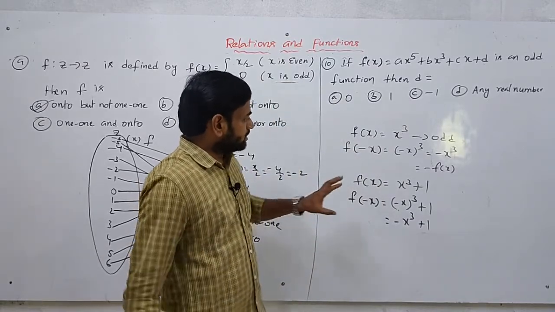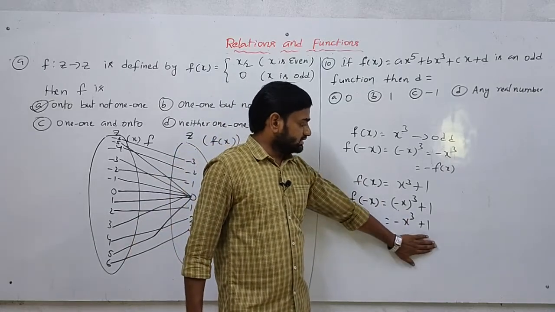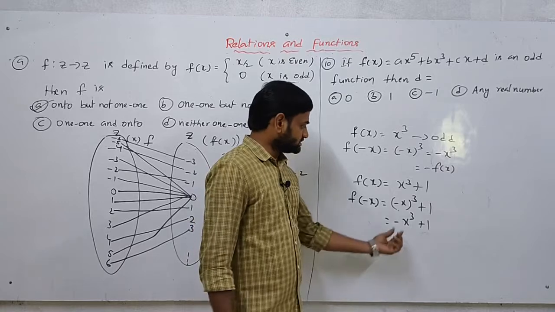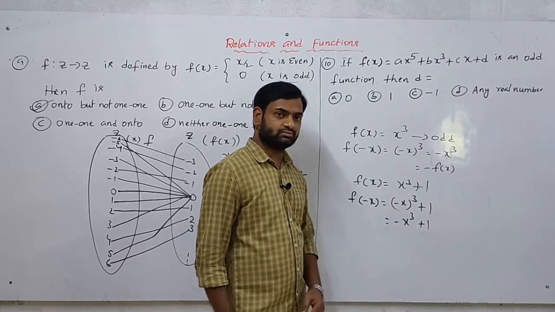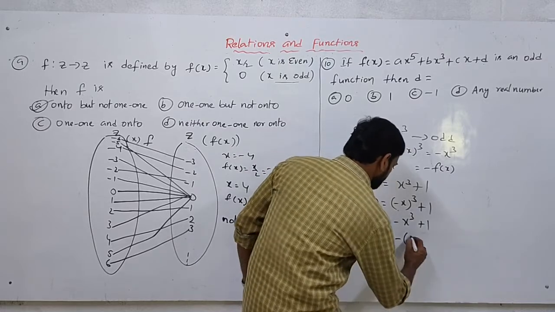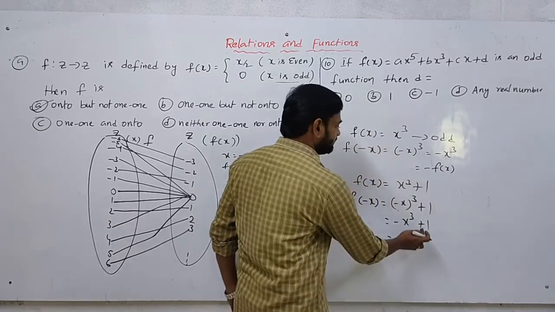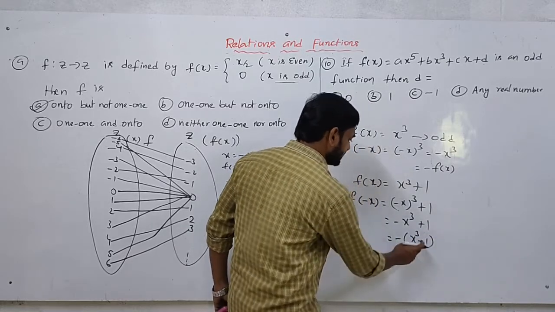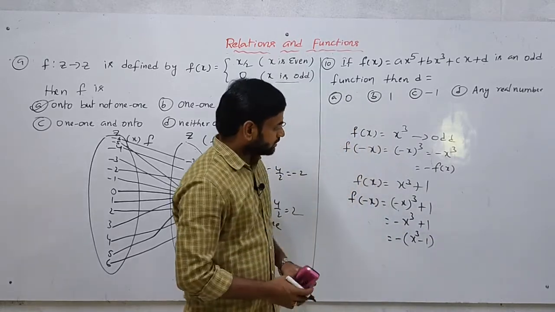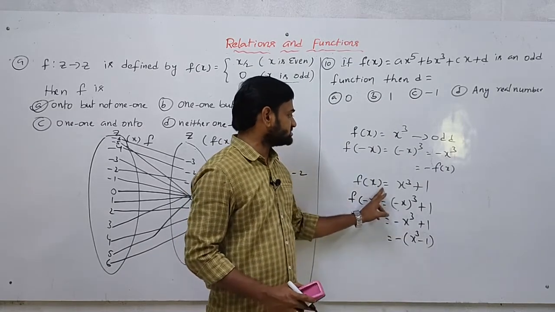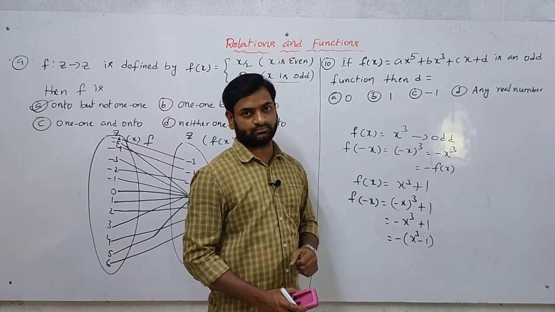Now, is it an odd function? Is it possible to take a common minus? Suppose I take minus common. So it is x cube, and here if I take minus common, it will be minus 1. Minus into minus is plus again. Now you got x cube minus 1. But what is f of x? x cube plus 1.